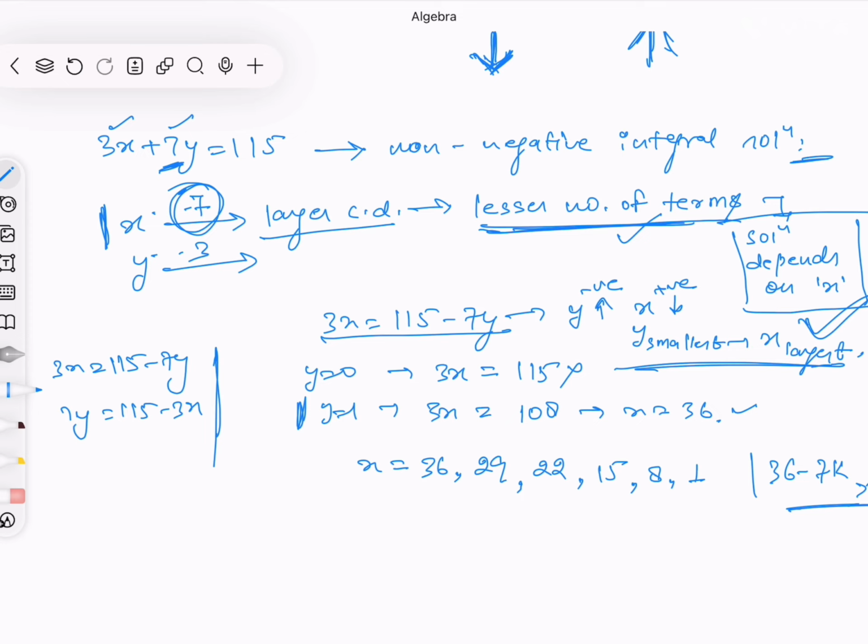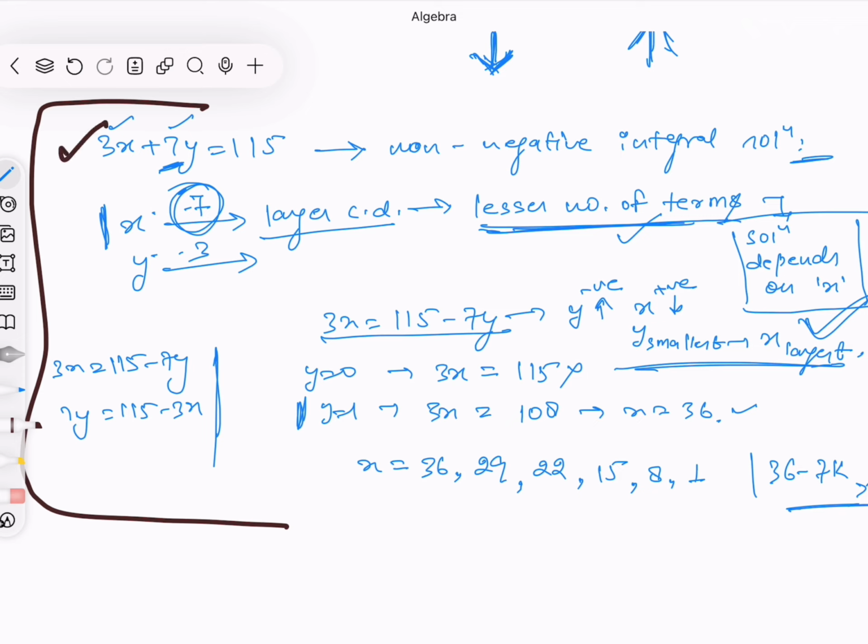Got it? So this is one method that you could follow, where you have an equation, look which is having larger coefficient. If the opposite one is having larger coefficient, it will have larger common difference, which will mean lesser number of terms. That will mean the solution depends on that, and solve it accordingly. Just make sure that you have already found the largest value.